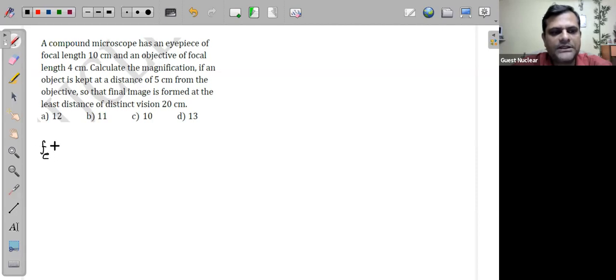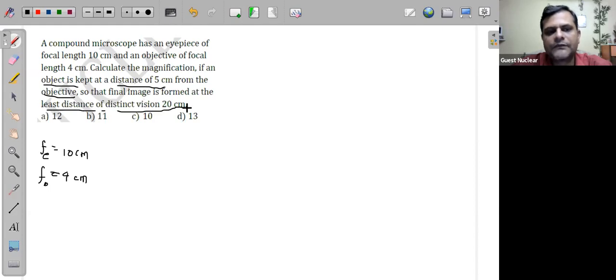Okay, FE is given to be 10 centimeter, and the objective का focal length FO से denote किया जाता है. That FO is already given to be 4 centimeter here. Okay. Calculate the magnification if the object is kept at a distance of 5 centimeter from the objective, so that the final image is formed at the least distance of distinct vision of 20 centimeter.